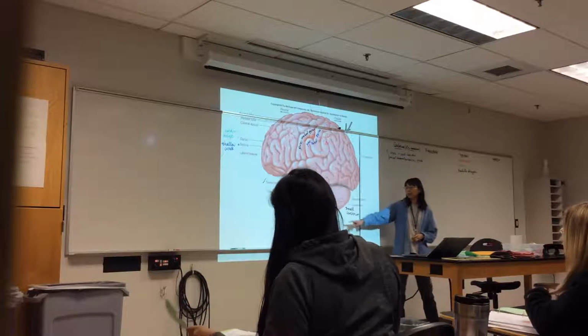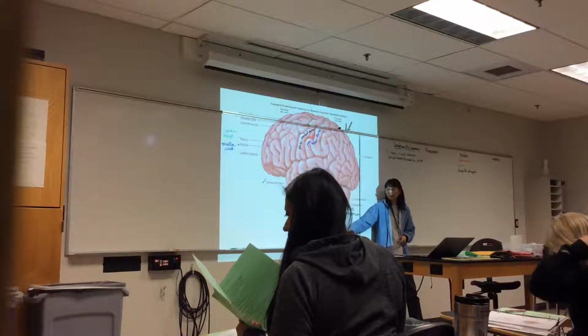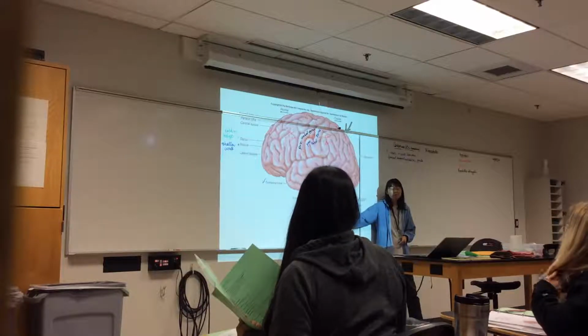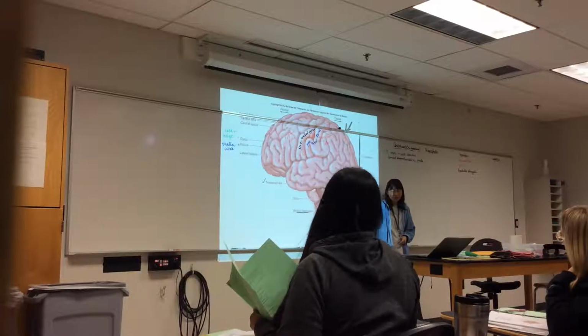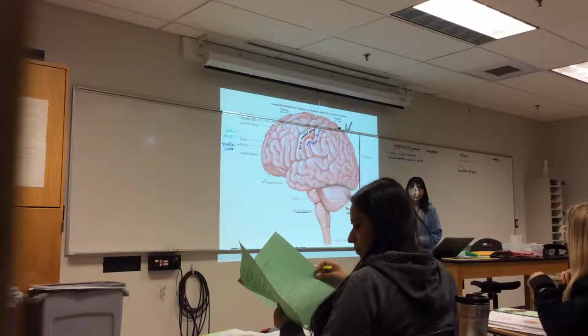And of course, after the medulla oblongata is the spinal cord, right? So what hole is this going to come out? Foramen magnum, good, foramen magnum. Okay. All right. Next.